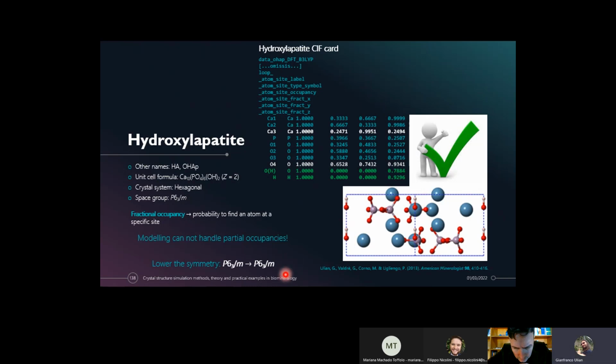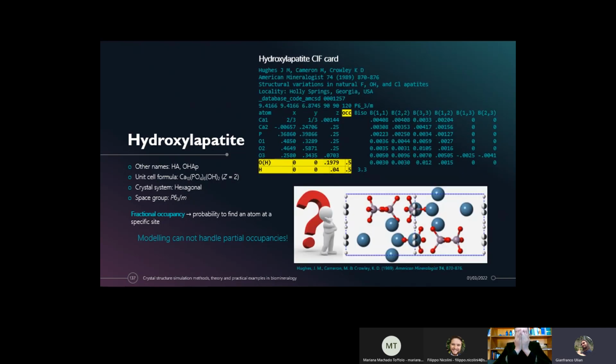But as you can see, the symmetry should go from P6₃/m to P6₃. This "over m" here is an error, sorry. And now you can see that the number of atoms increased. I do not have any partial occupancy, but the number of atoms went from 7 to 10.